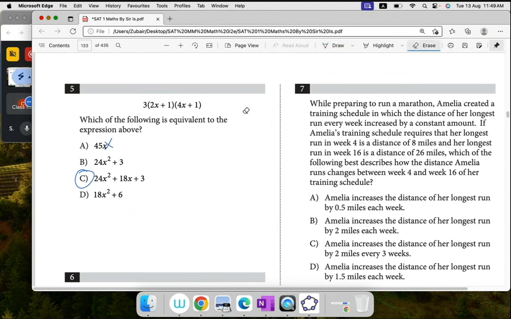B and C both could be possible values. So 6x plus 3 into 4x plus 1, 24x square plus 6x plus 3, 4 times is 12x. So we do have something in x. So it is C.